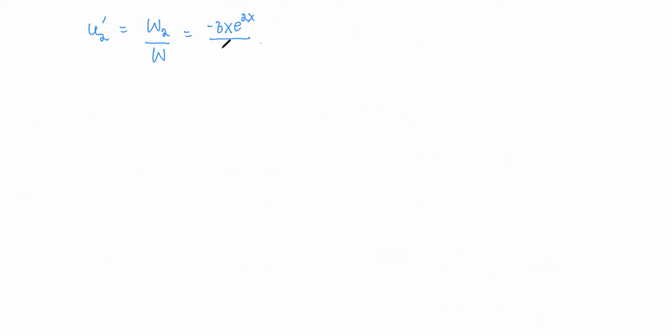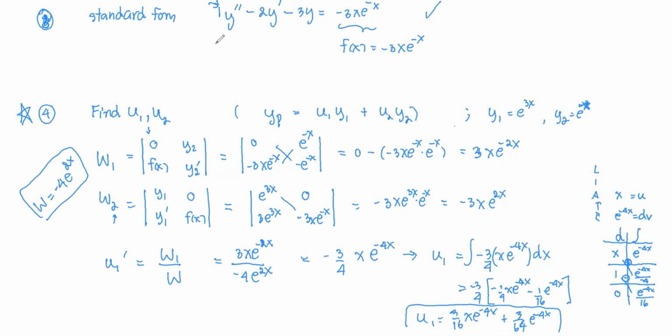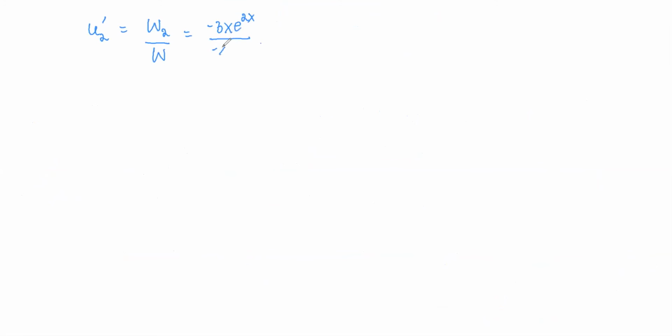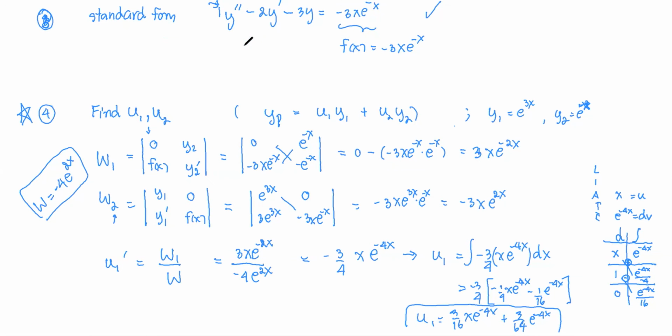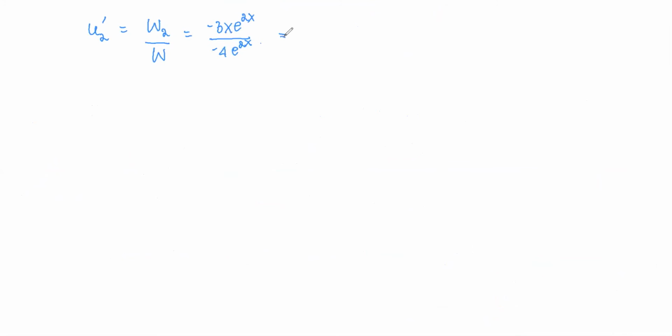And w is negative 4 e to the 2x, with no x. Make sure we get the right w to use. If we copy the wrong one, that means we're working on the wrong problem.